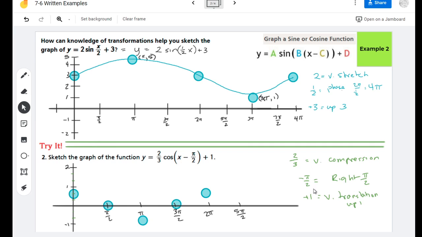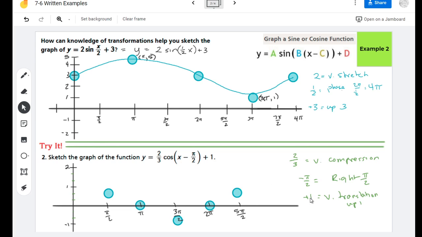Alrighty. Next transformation, we move to the right by pi over 2. Notice my tick mark here, one tick mark is worth pi over 2. So each of these is just going to scoot over by one tick mark. Alright, so there's our one tick mark over.